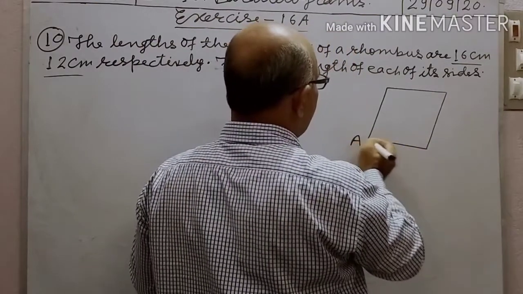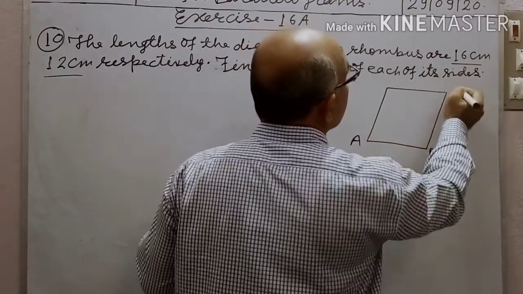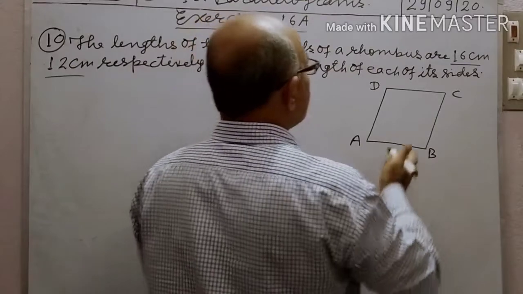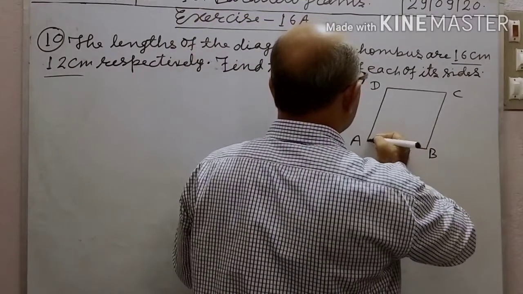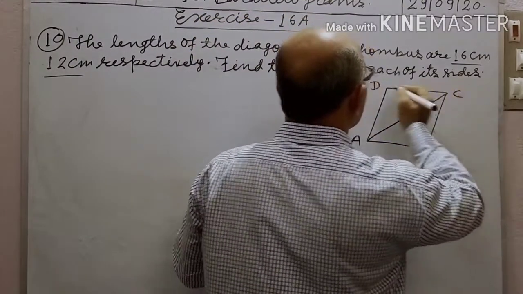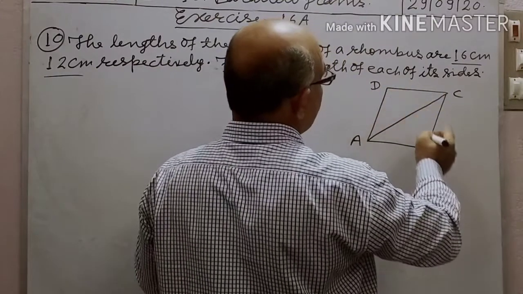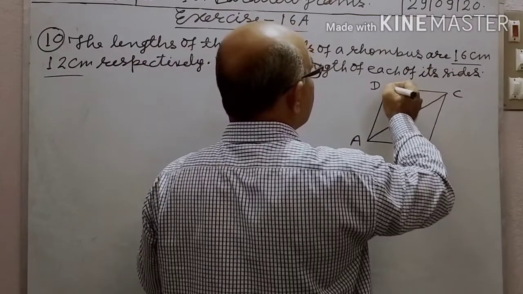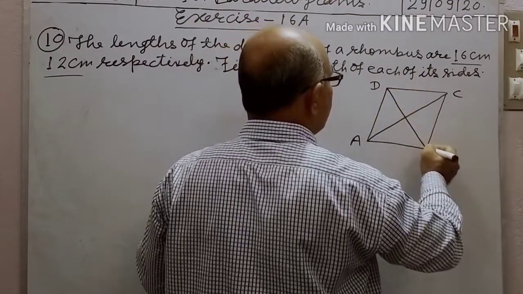Let ABCD be a rhombus. Its diagonal AC is 16 cm and diagonal BD is 12 cm.